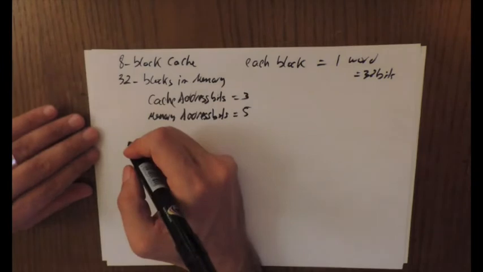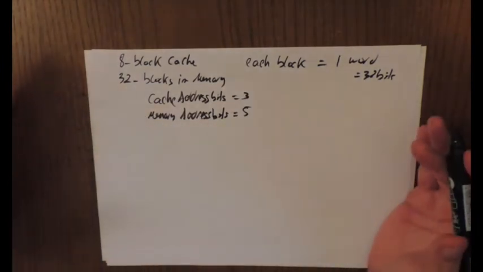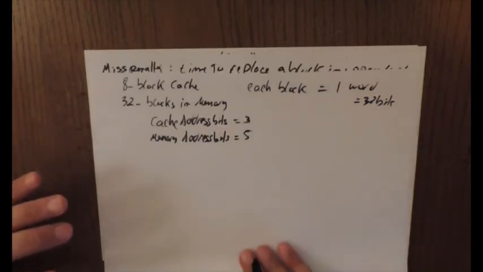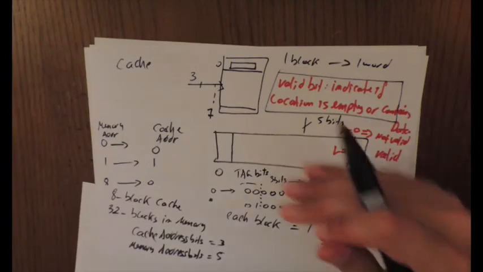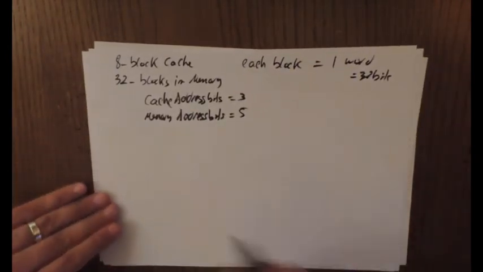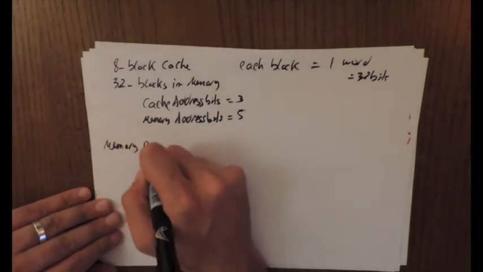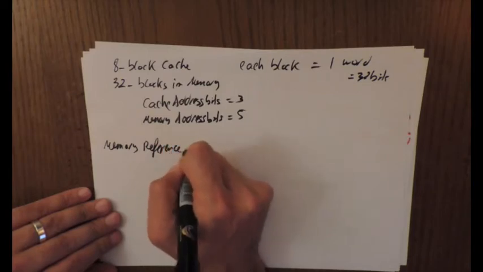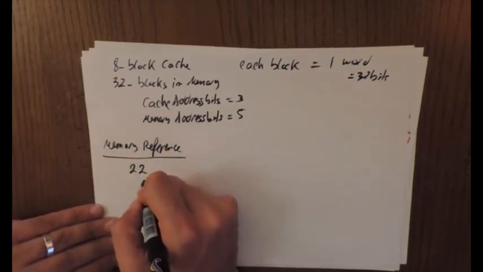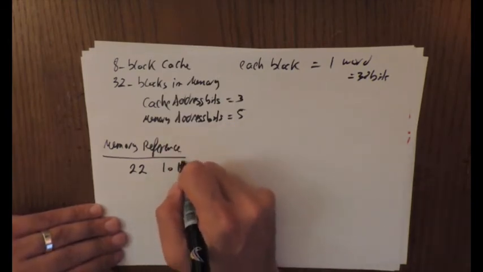Now imagine we have the first reference. A program is running on your computer and it started to look up data from this memory to bring into the cache. So first I have this memory reference. Let's say I have memory reference 22. If I convert it to binary, this will be 10110.